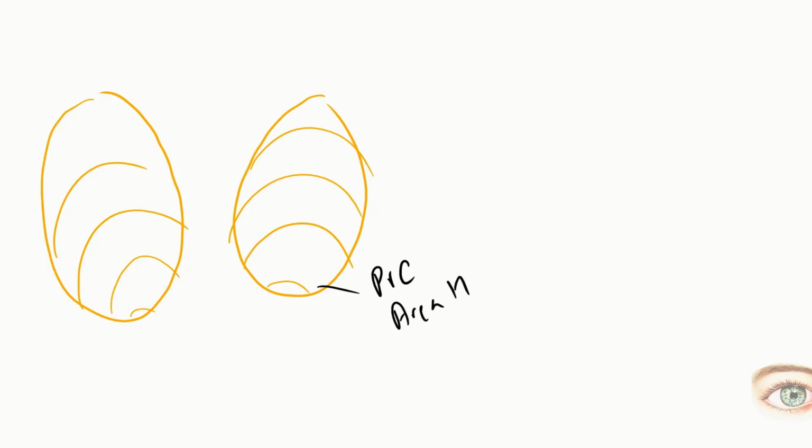And this tiny region carries the central vision, right? So this one's the left and this one's the right.